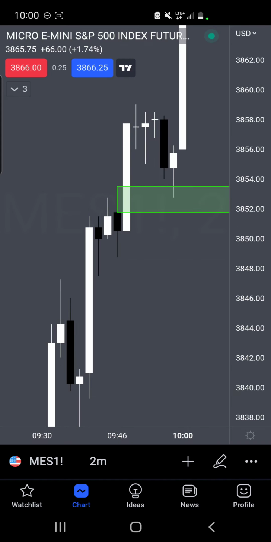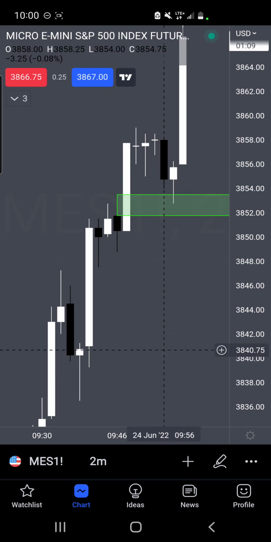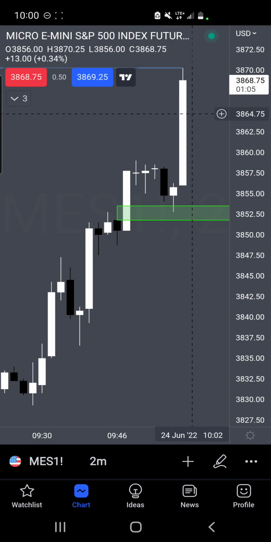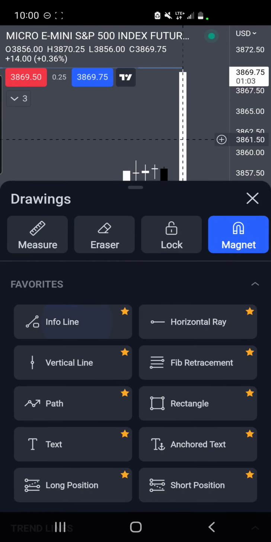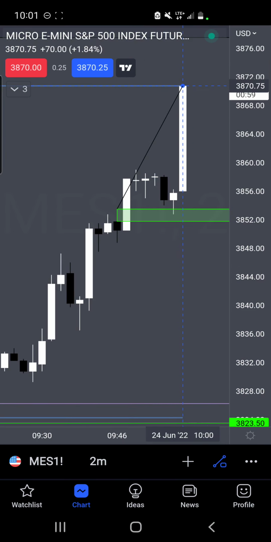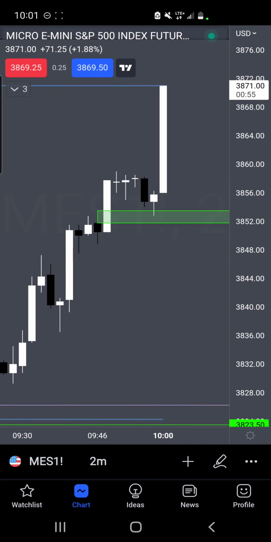But see, those types of entries aren't really entries that I am good at, because this type of entry for me is a fine line between, oh, I got it, woohoo! This move would have gotten me in at the top of the OB, and then it would have been up 17 something points. Great, right?